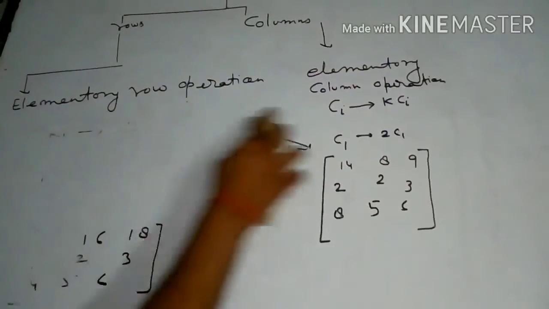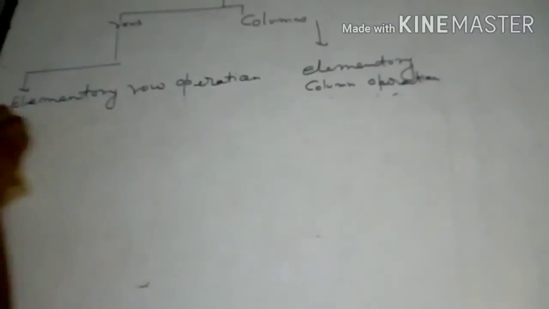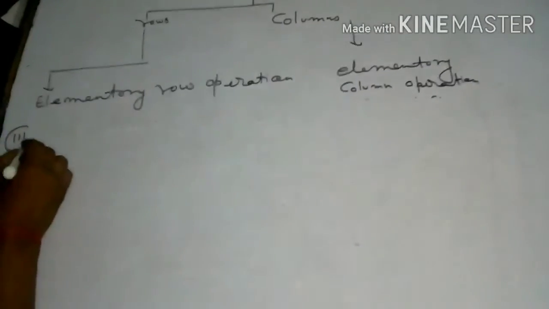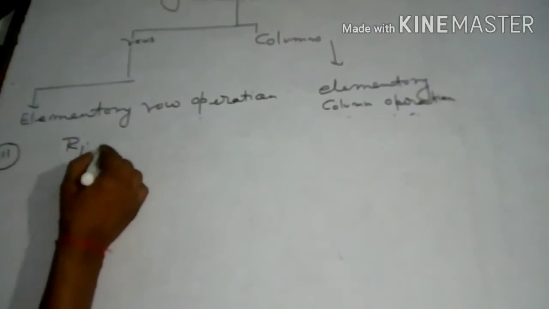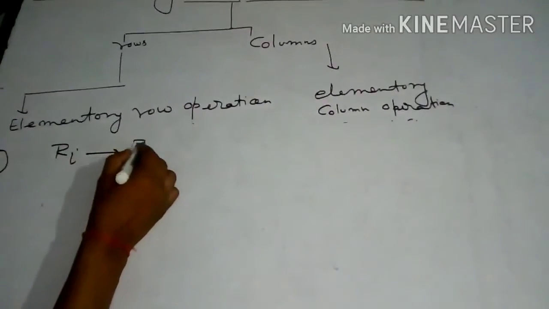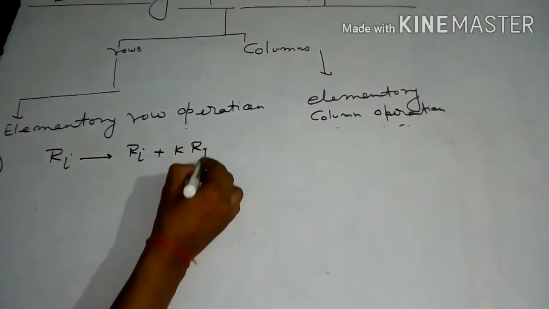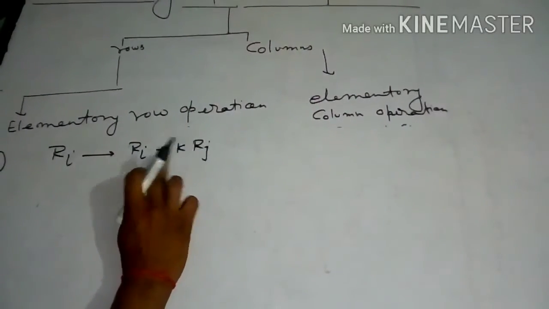Then the third elementary operation you have to see. In the ith row, we want to add k times the jth row, where k is a non-zero constant, either negative or positive.